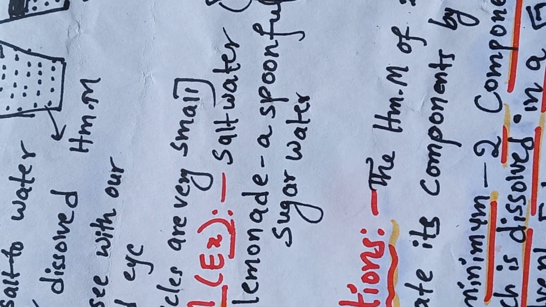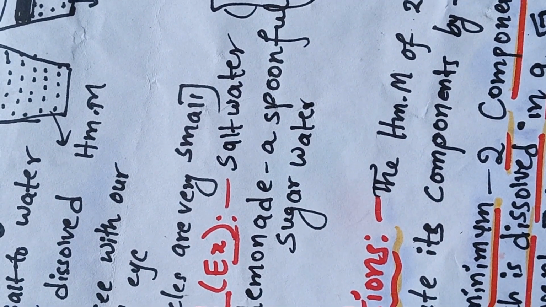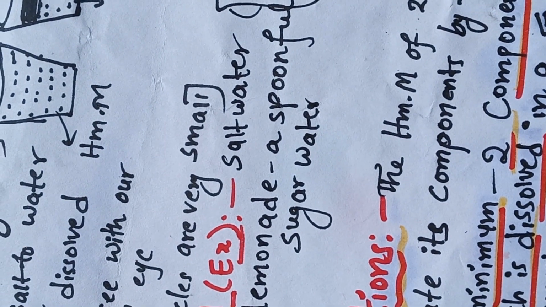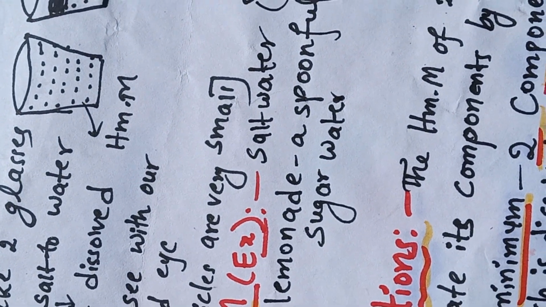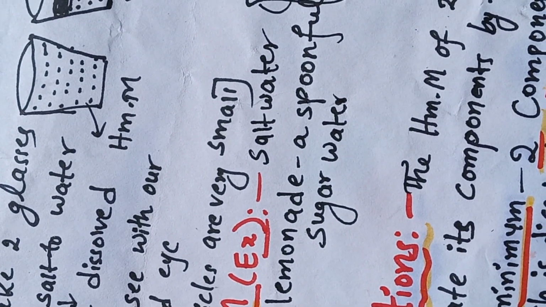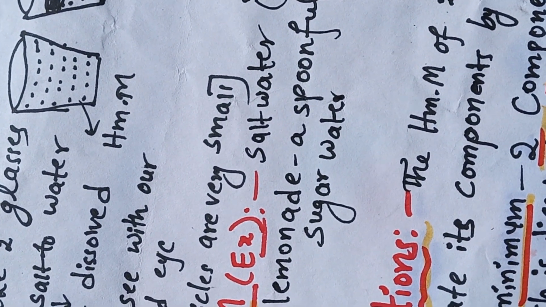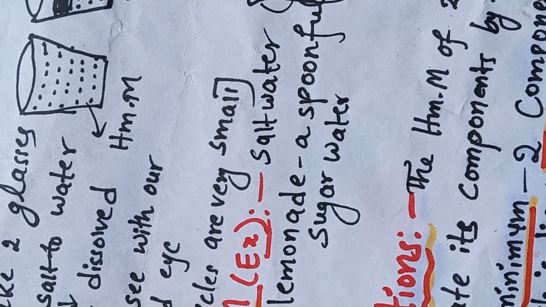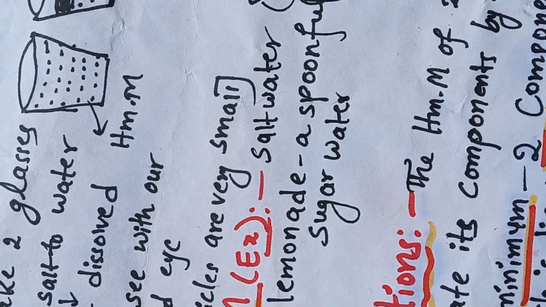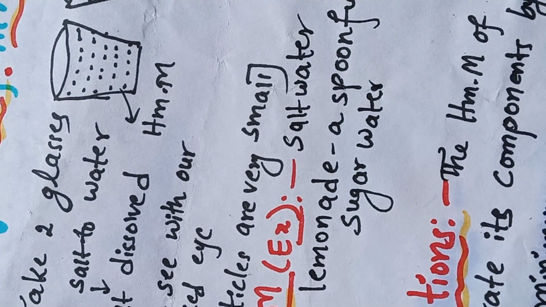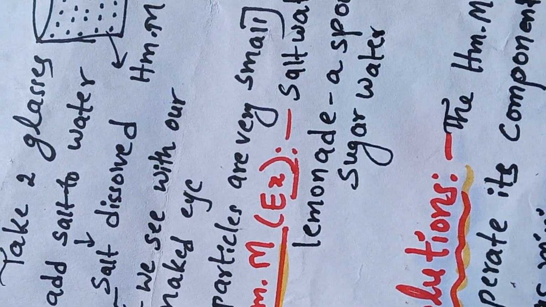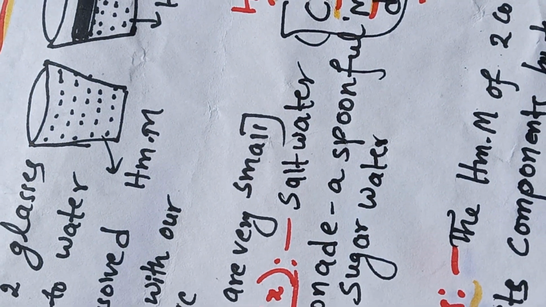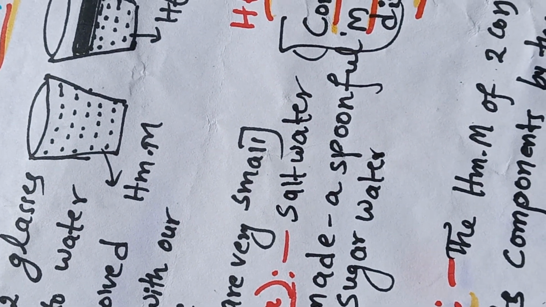If we take just a spoonful of lemonade, there is no change in the taste throughout the total lemonade, because the salt and sugar are uniformly distributed. Uniformly means distributed in the same way, so that is a homogeneous mixture. And sugar water also is an example of a homogeneous mixture.